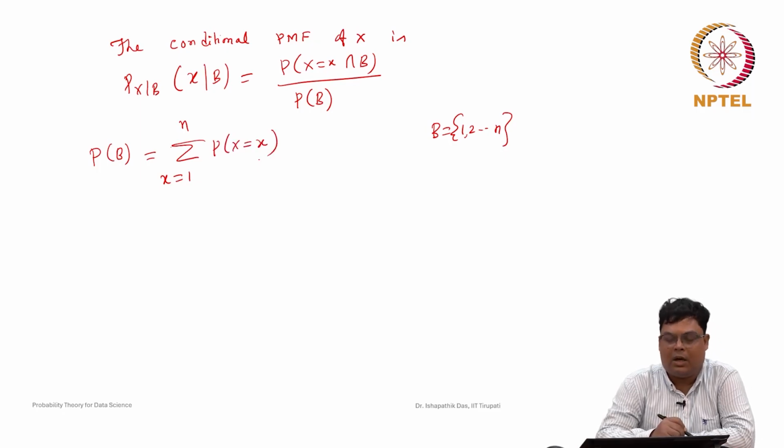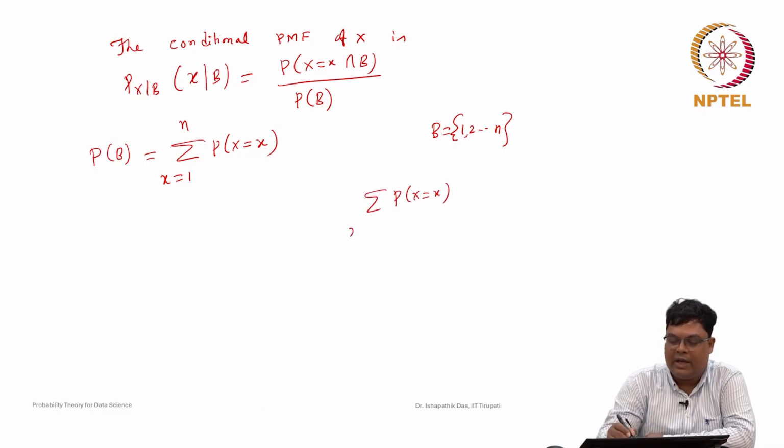This is the probability of B, because it is the union: probability of X equal to 1 plus probability of X equal to 2, up to probability of X equal to n. But because it is a binomial random variable, we know that the summation of the probability that X is equal to x, for x equal to 0 to n, is equal to 1, as we have already shown.